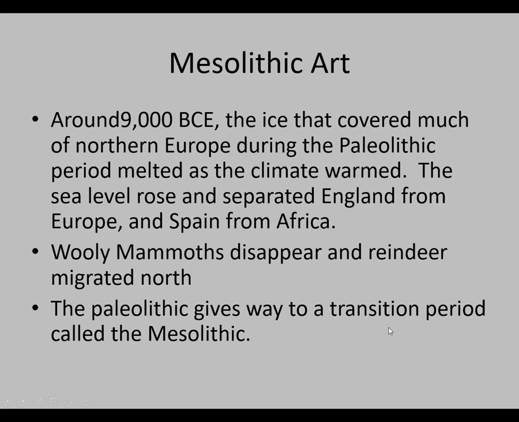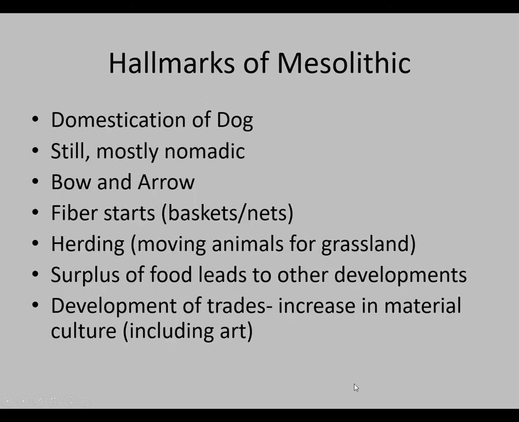Paleolithic gives way to a transition period called the Mesolithic. So the Mesolithic is the in-between. And honestly, your book doesn't really show much art for the Mesolithic. In the Mesolithic, we see the domestication of dogs. People are still nomadic. For the most part, we're going to look at one possibility.